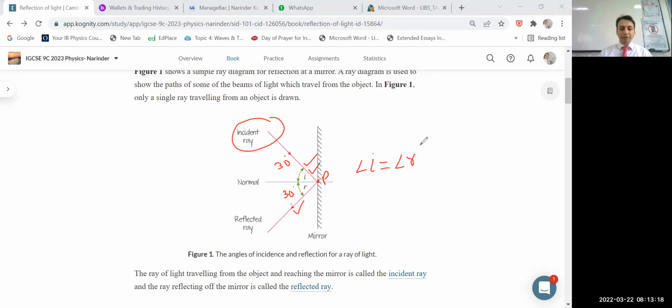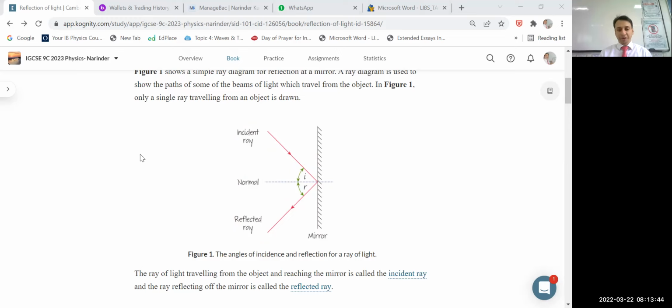Again, what is this R? Angle R is the reflected angle. This is the angle between the reflected ray and the normal. Remember, children, this is the angle made by the reflected ray with the normal.